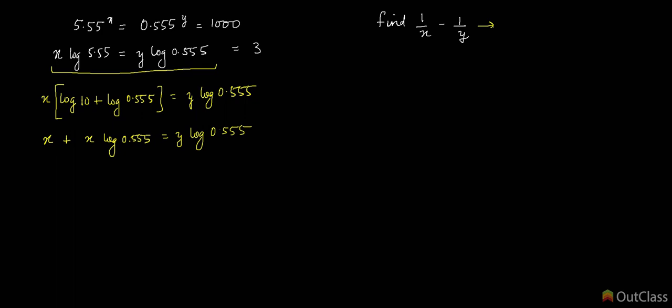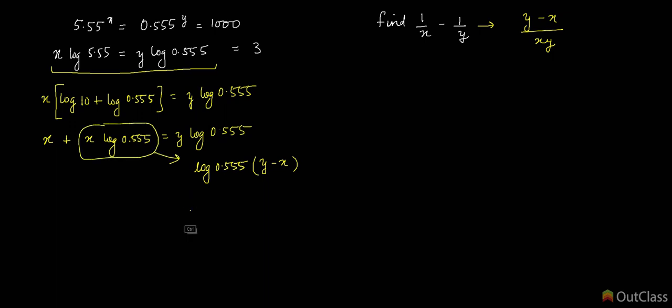But first let's look at what we're trying to find. We're trying to find y minus x by xy. Remember that. Now if I take log 0.555 into y minus x, I'm taking this term to the other side and then taking log 0.555 as common.